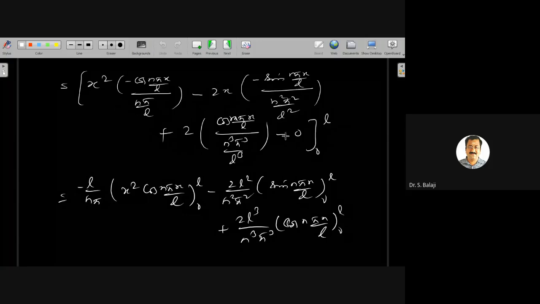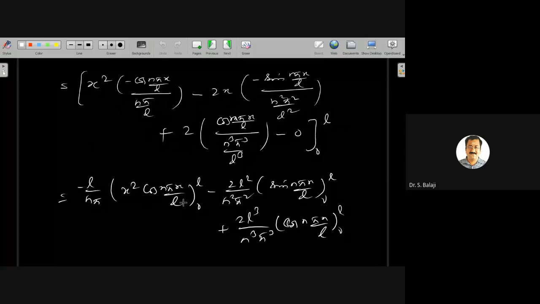Now the limit is for x. Therefore, we take the terms without x outside. So here minus L by n pi, take it outside here, x square cos n pi x by L, 0 to L. If you write like this, you cannot miss any minus sign or plus sign, and I can also remove the unnecessary terms here.